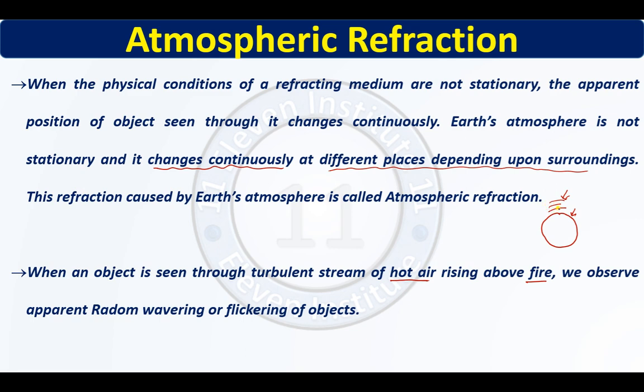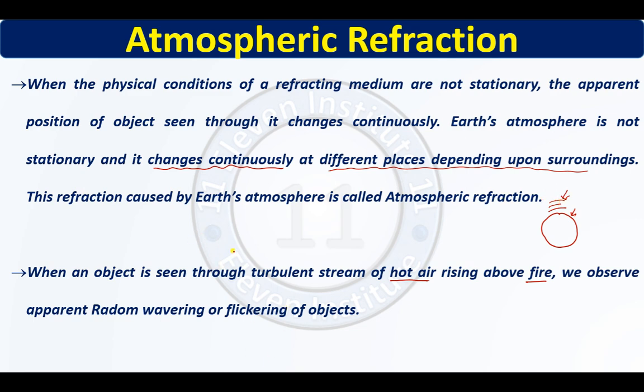Now due to this temperature difference, their optical density will also be different, and due to this difference in the optical density, there will be different refractive indexes also. So ultimately the refractive index of different layers of atmosphere depends upon temperature.